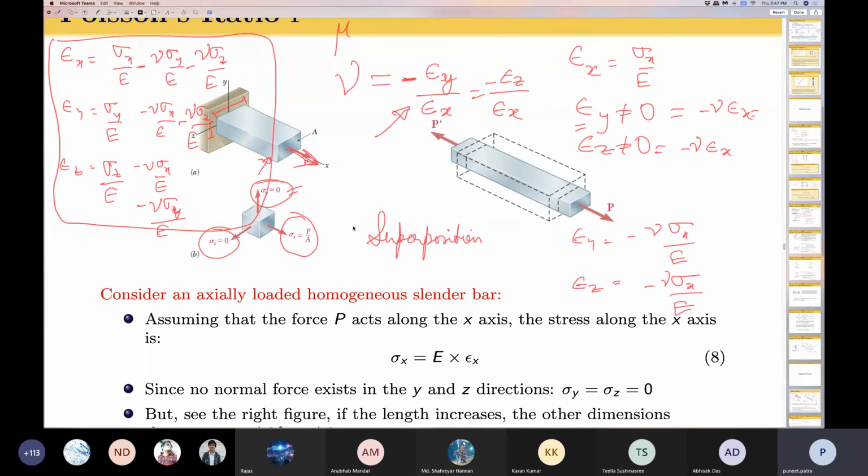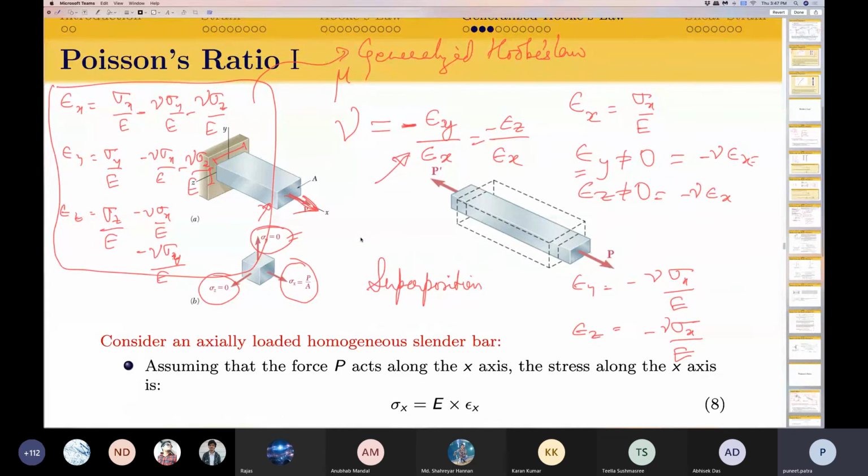These sets of equations are known as generalized Hooke's law. So I have now generalized Hooke's law from one dimension to all 3 dimensions.